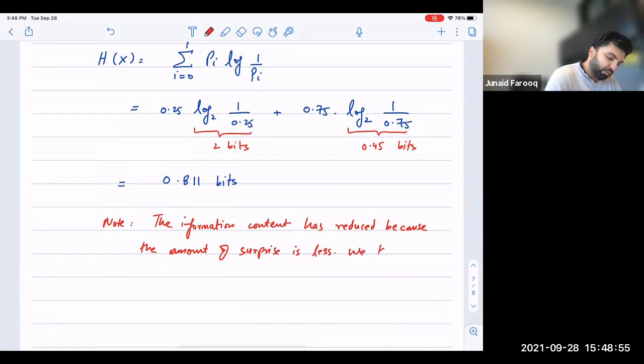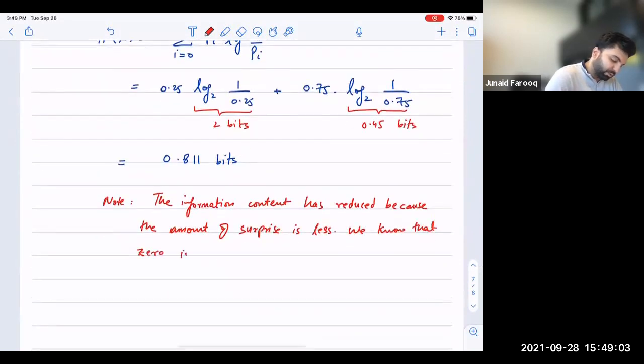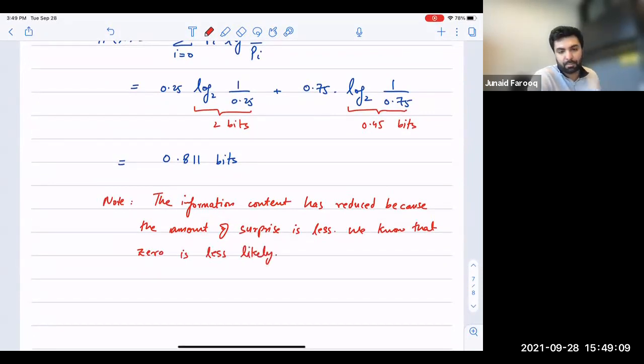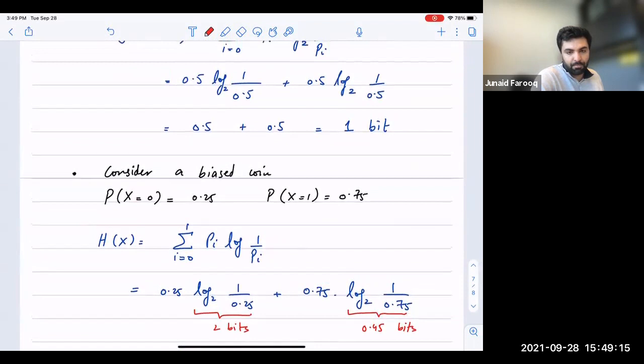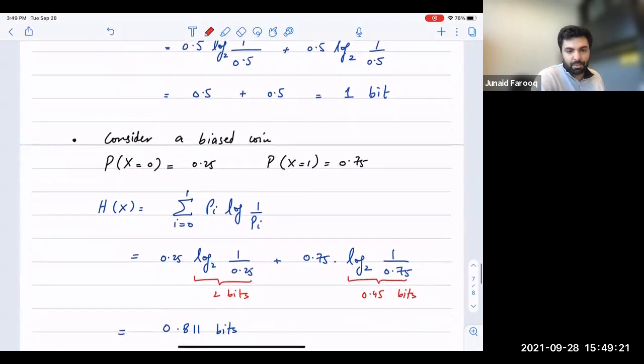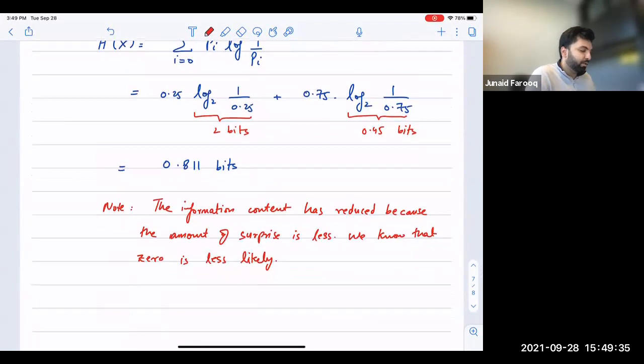We know that 0 is less likely. So there's less surprise as compared to the fair coin, because in that case you don't know what's going to be the outcome, so you have no information about it. But the moment you had some bias in the coin, you have some information about the outcomes. So your surprise has reduced, and essentially the information content is lower.